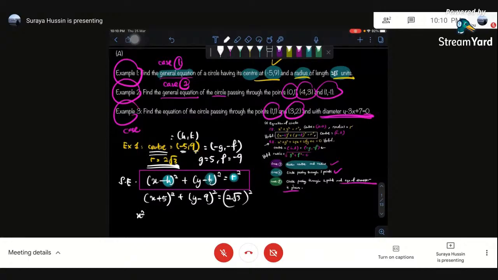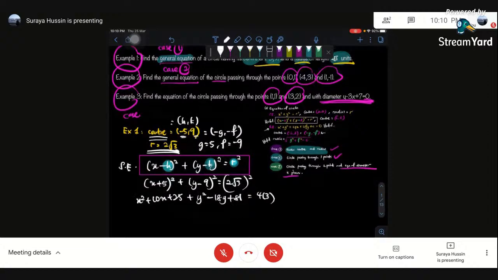Jadinya x squared plus 10x plus 25 plus y squared minus 18y plus 81 equals to 4 times 3 which is 12. Jadinya you kembangkan. I know you think of SE, memang begini, this is SE, but when you try to expand it, you will get GE straight away.